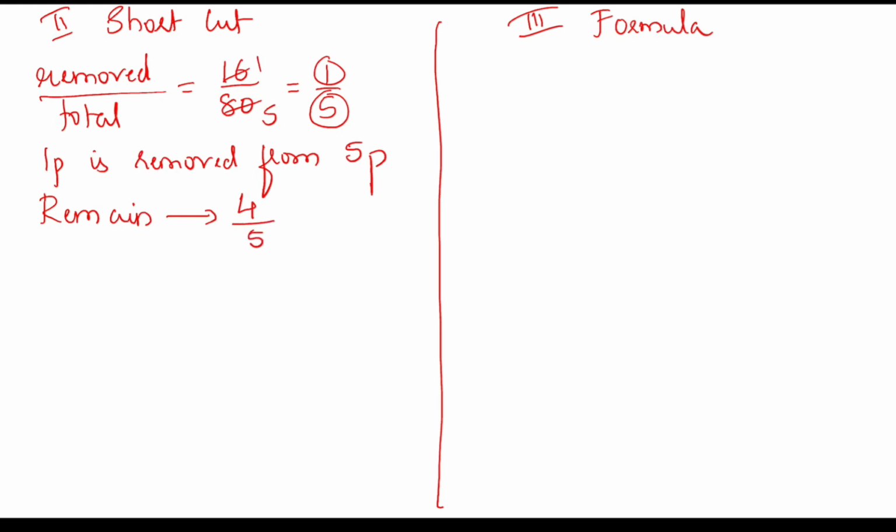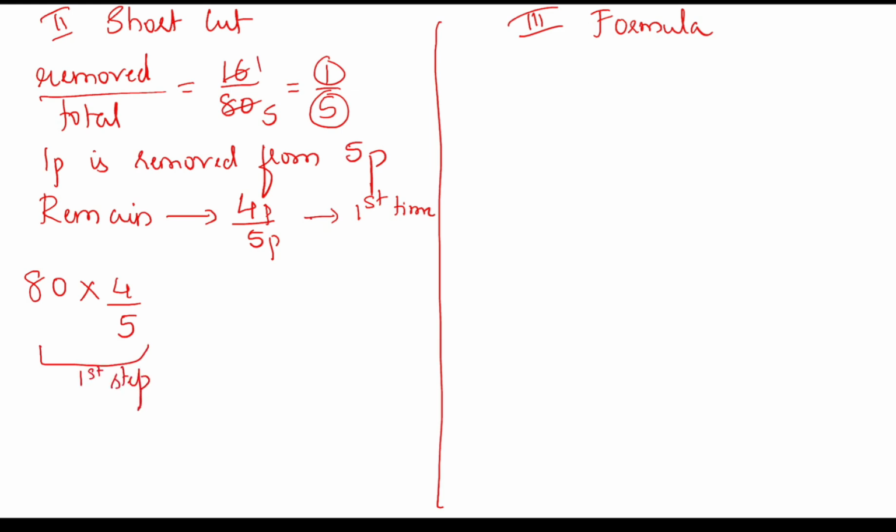When 1 is removed from 5, 4 will remain, isn't it? 4 parts by 5 parts will remain. So this is the first time. Then from 80 liters, 4 by 5 will remain. So this will be our first step.